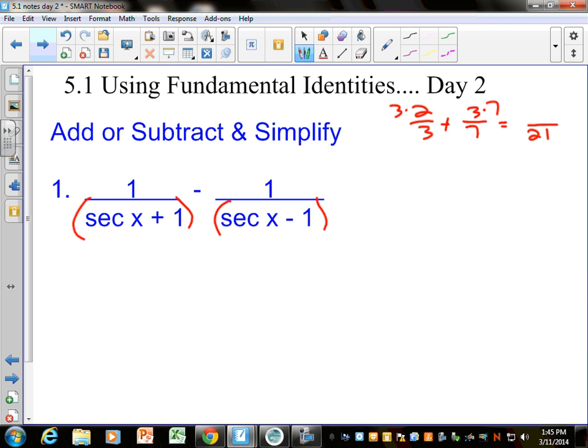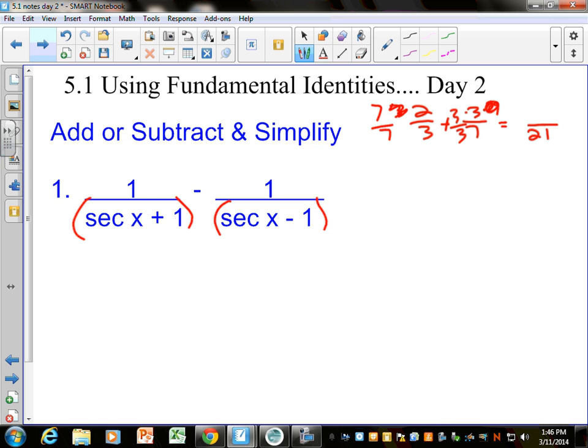Right? These denominators have nothing in common, just like these denominators have nothing in common, although you want to say they do, but they don't. So to get a common denominator, you just multiply the denominators, and, oh, I totally screwed that up. That should be times 7, and that should be times 3. Because you'd have to make this 7 over 7. You have to multiply this 3 over 3 to get your common denominator.